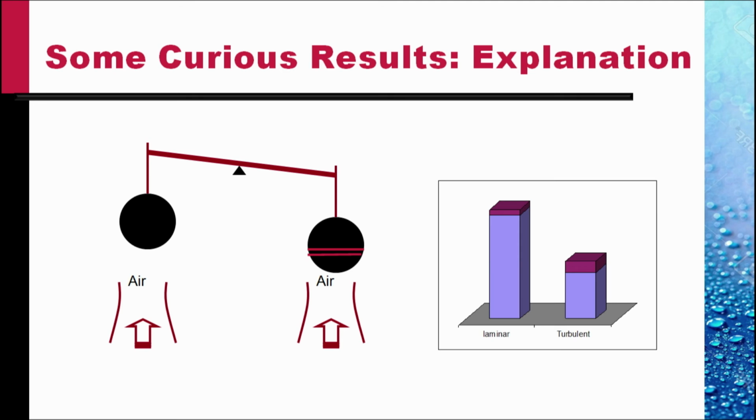The viscous drag, the shear drag, would be more on the rougher sphere, but the pressure drag reduces, and so the total drag is less.